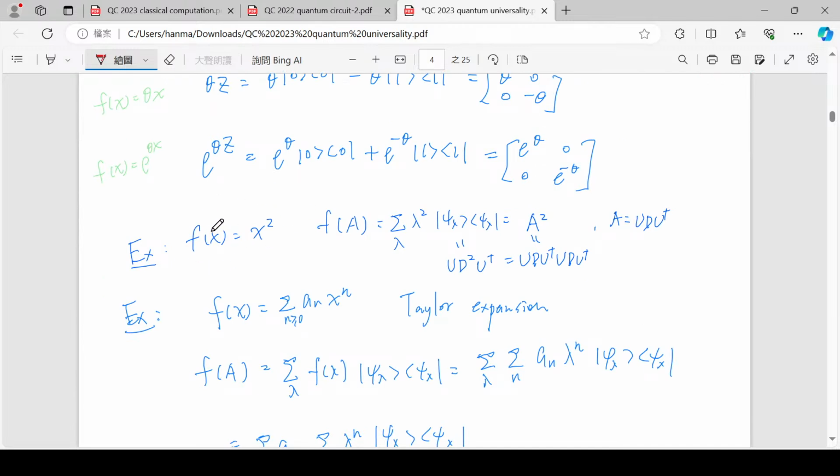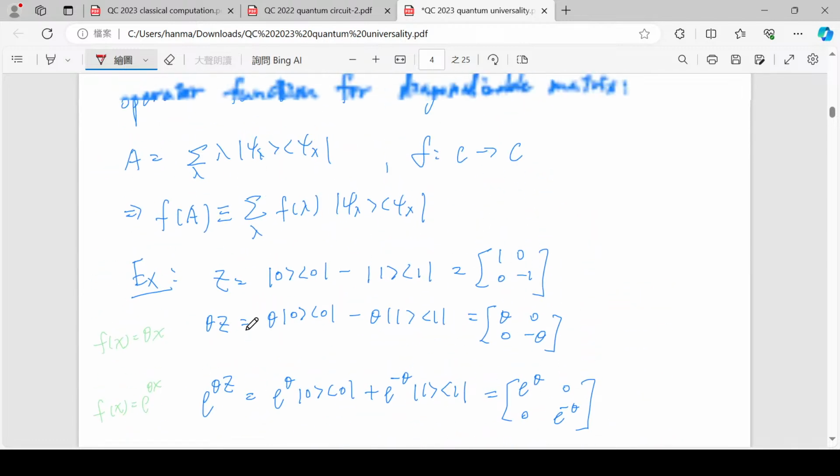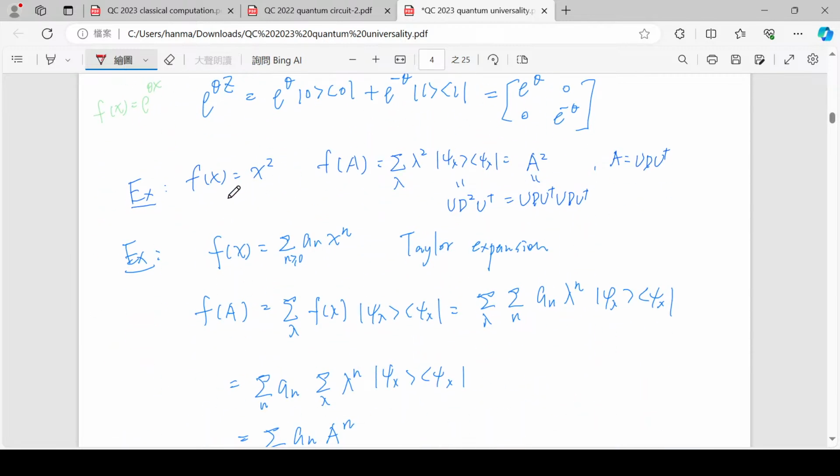If your function is a square function and you apply it on your matrix, you actually get your matrix squared. And in general you can feel that this definition is linear, and the squared analysis goes for any monomial: any nth power gives you A to the nth power.